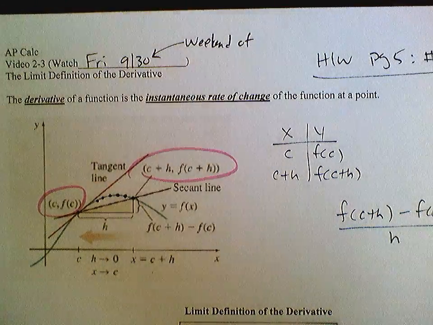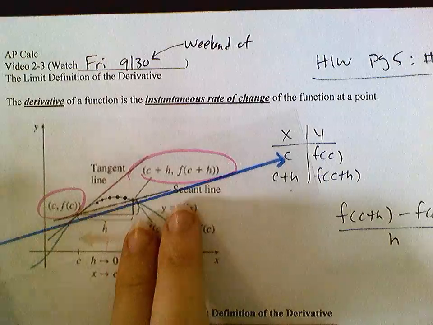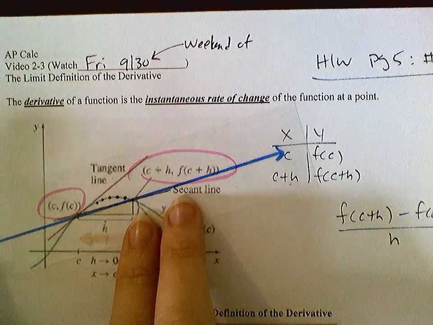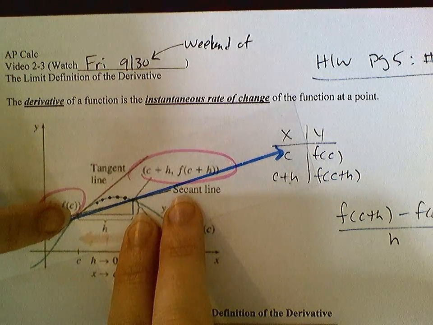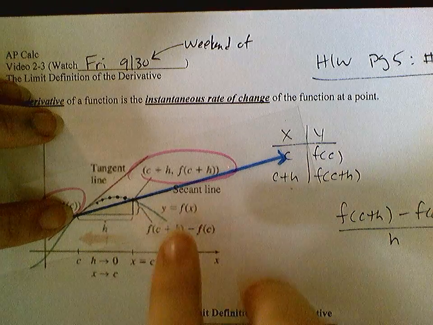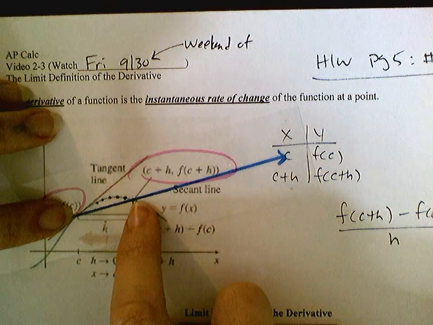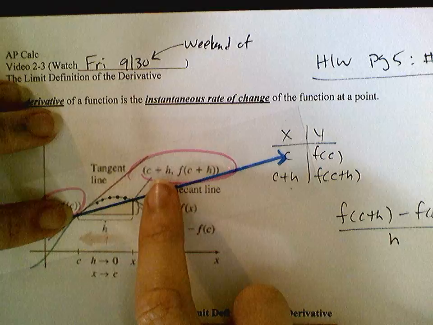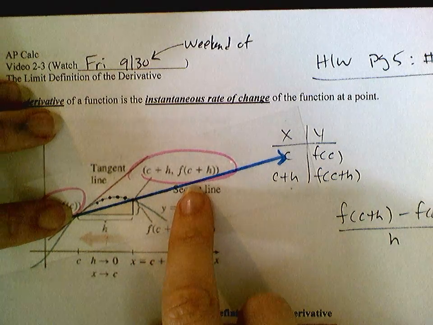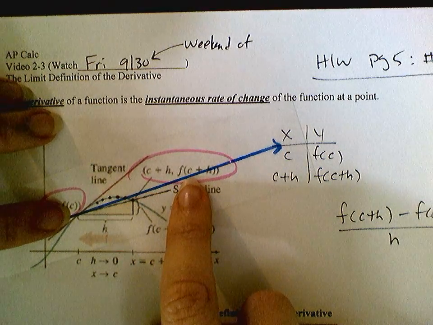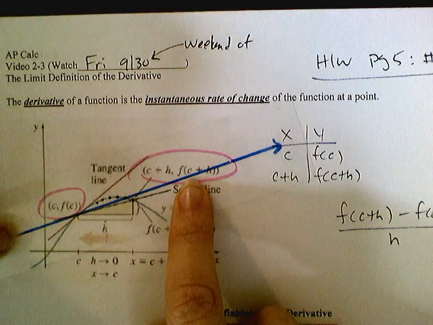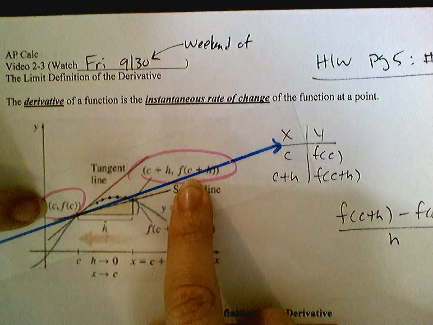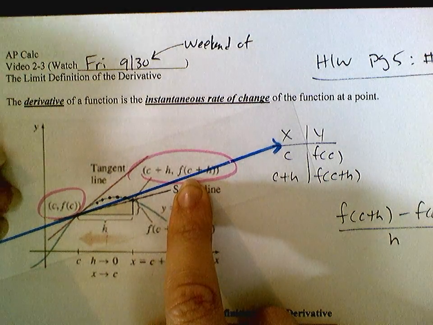So what I'm going to do is I'll start with my secant line, and I'll keep this point fixed right here on the graph, but this point that we started at, the x value of c plus h, I'll move that to one of the points on the graph that's closer to the point that I want the instantaneous rate of change at.